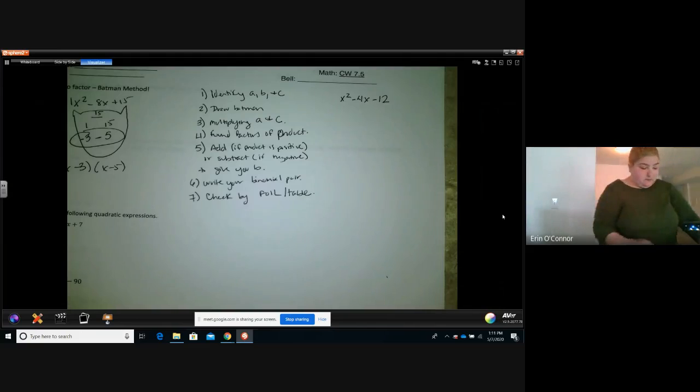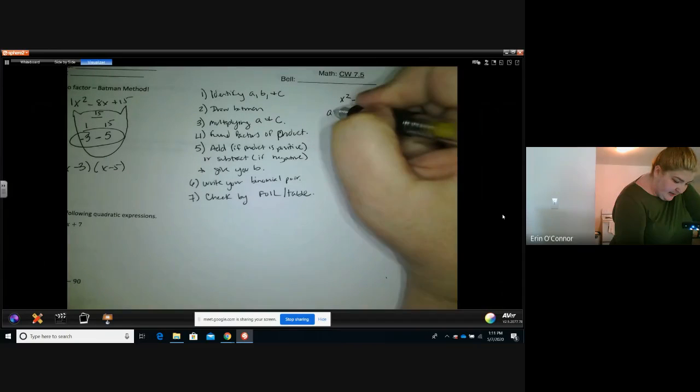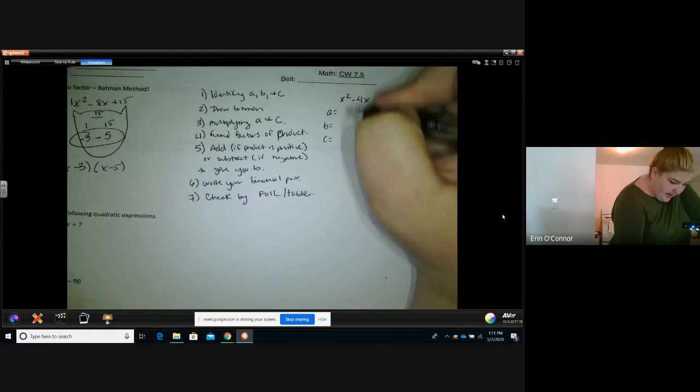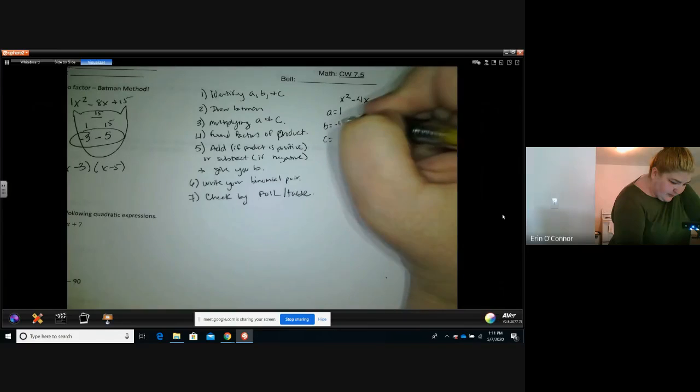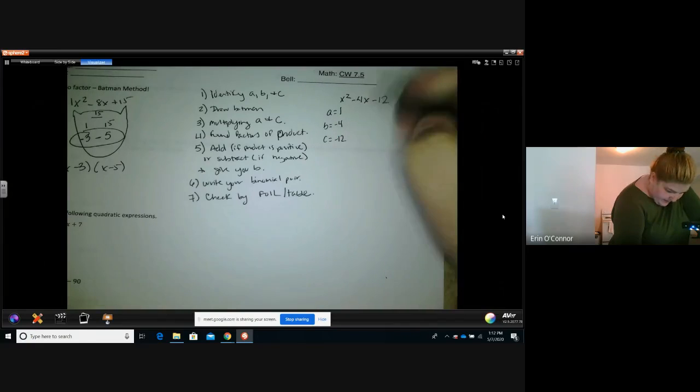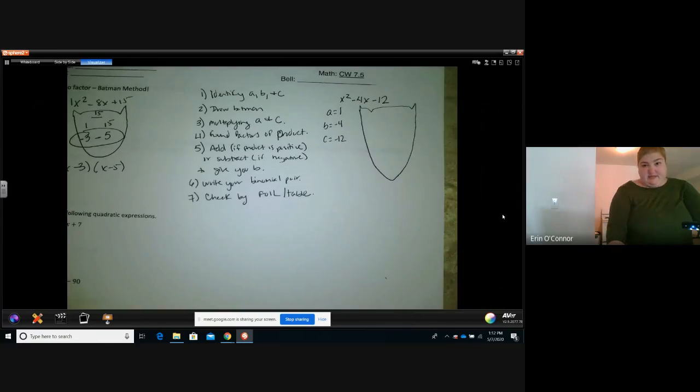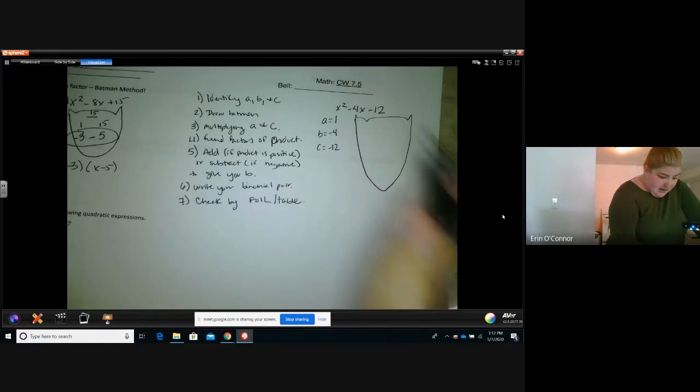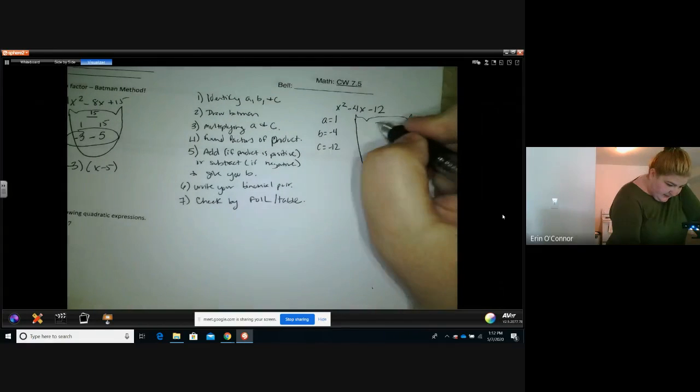Okay. So first step, identify A, B, and C. My A is 1, my B is negative 4, and my C is negative 12. Okay, draw your Batman. And Batman doesn't have to be this big. 1 times negative 12 is negative 12.